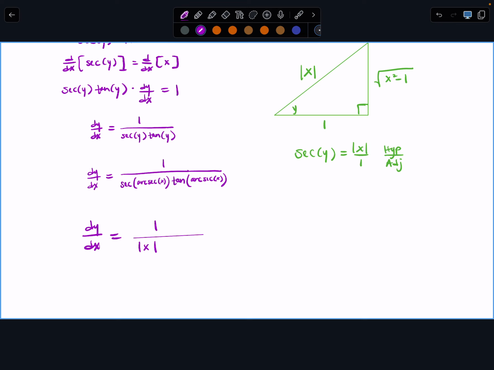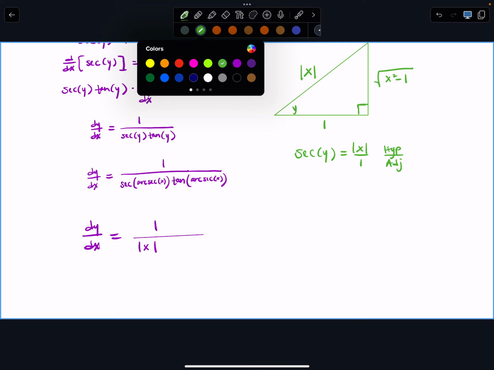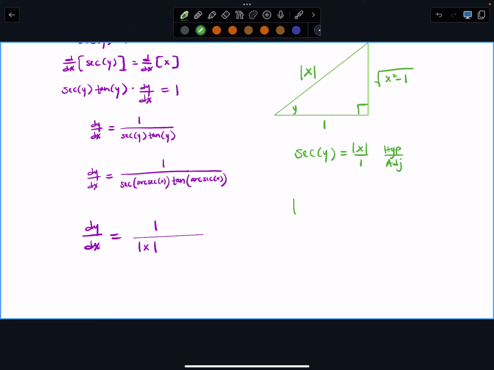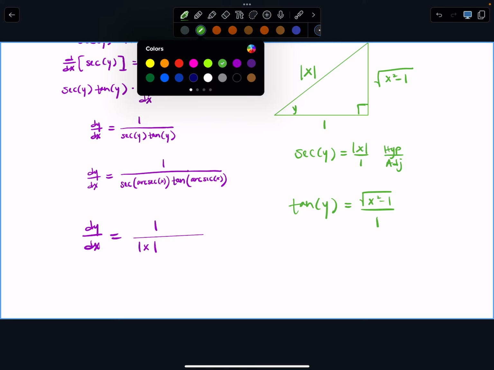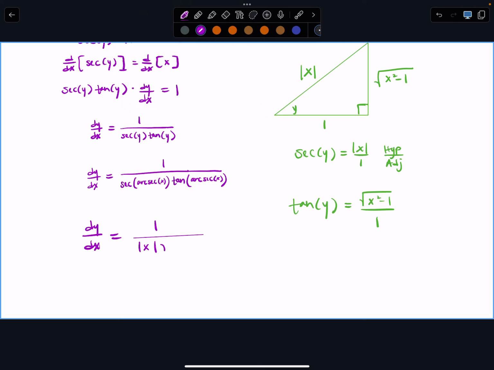And then for tangent of y, that would be opposite over adjacent. So tangent of y will be the square root of x squared minus 1.